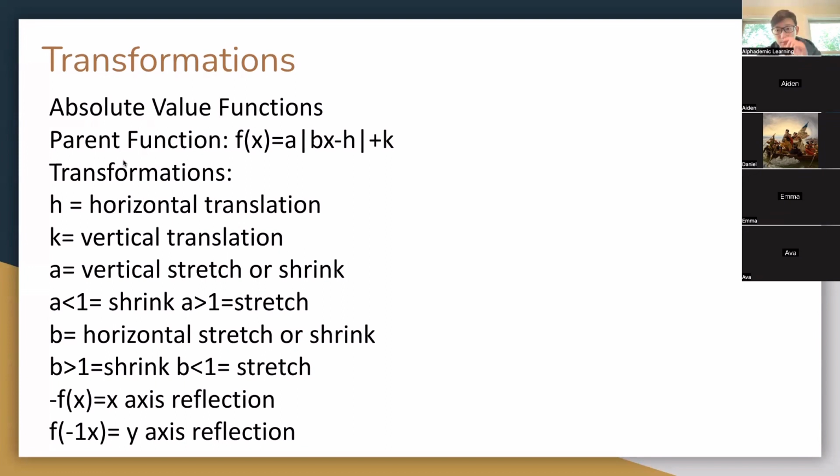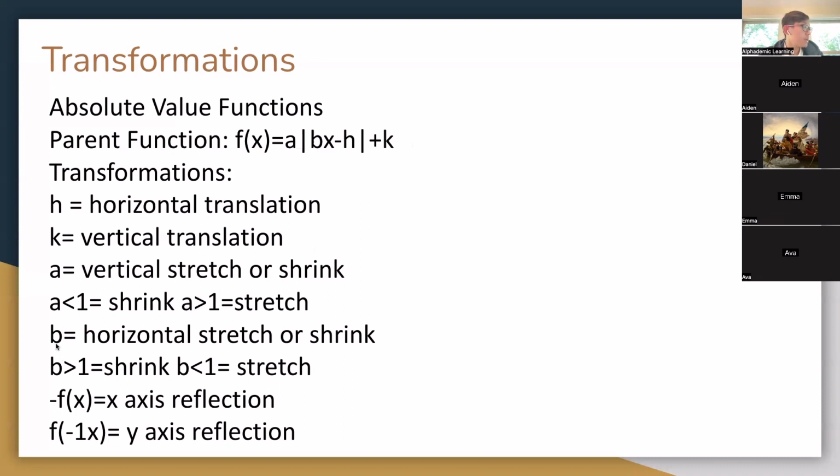But it does not have to contain all of these parts, the a, the b, the x, the h, and the k. It can just contain some of these parts. So what do these all correspond to? The h is responsible for horizontal translation, k is responsible for the vertical translation, a is for vertical stretch or shrink. If a is less than 1, it will shrink the function, and if a is greater than 1, it will stretch the function.